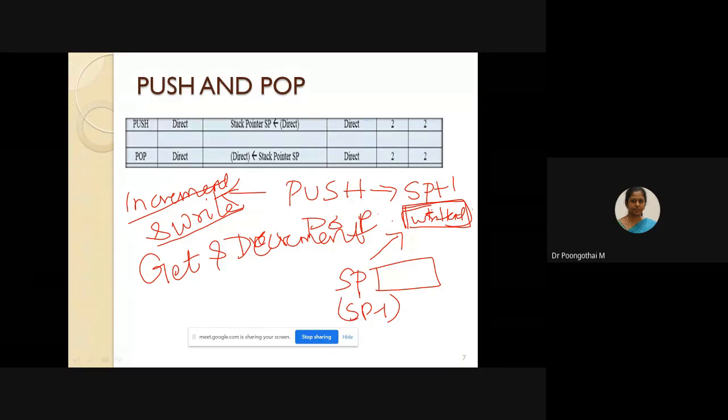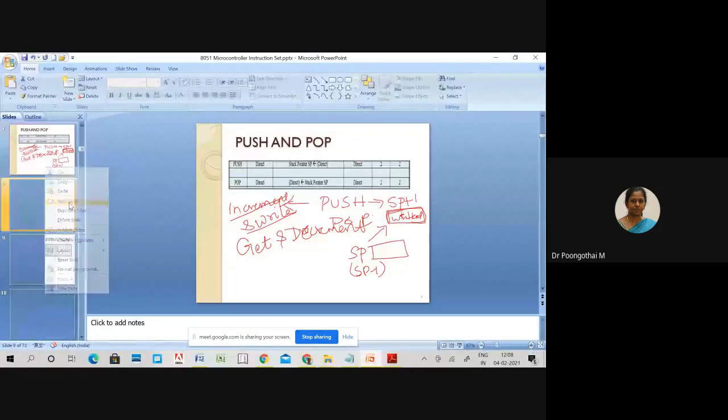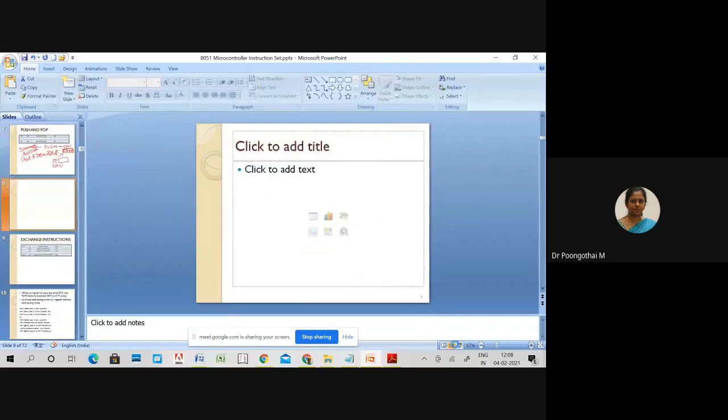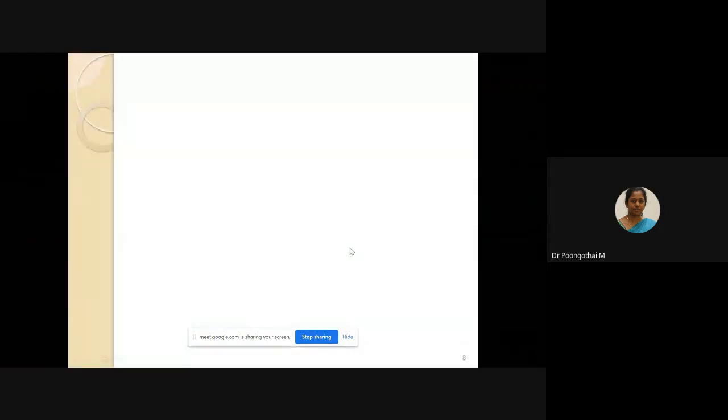I will explain this with one example. The example instruction is PUSH DPTR.